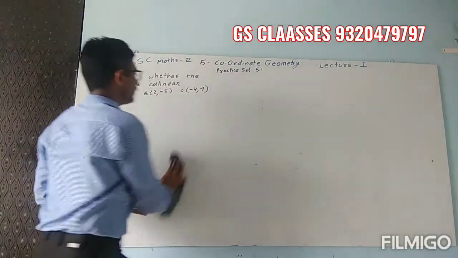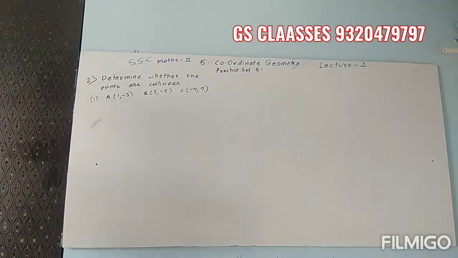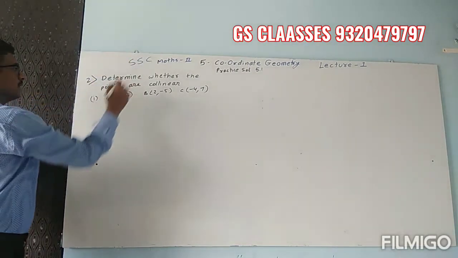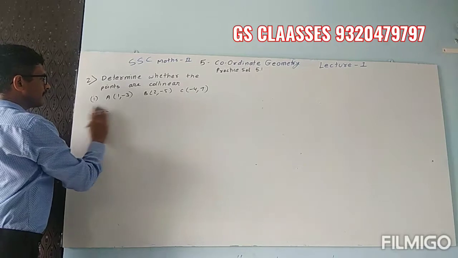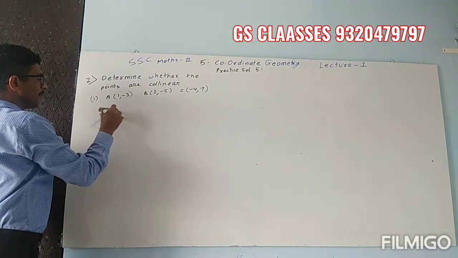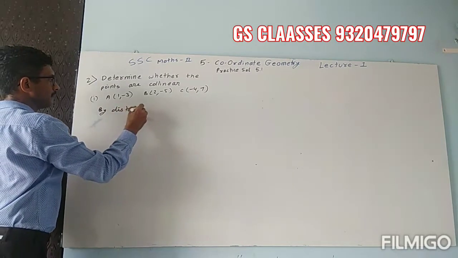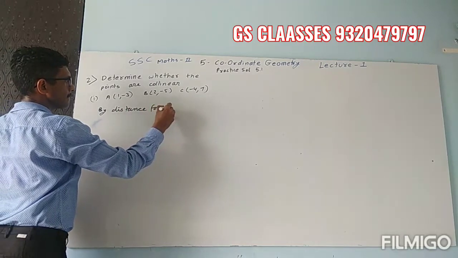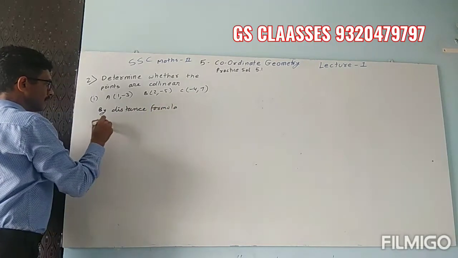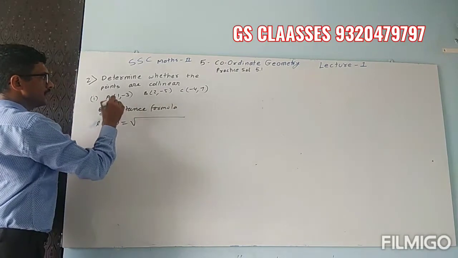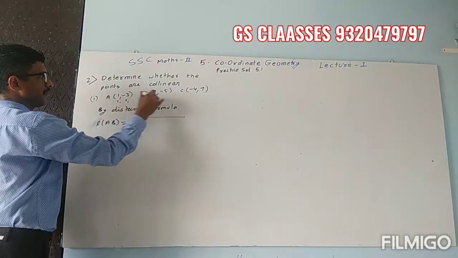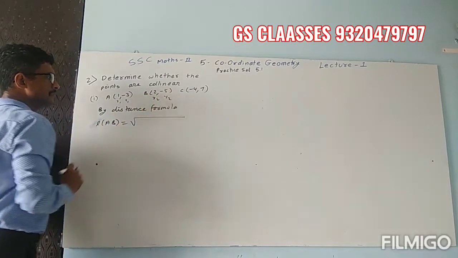What I will be doing, I will first find out length AB. We will write here by distance formula. Length AB is going to be, directly you can use, consider this as x1, y1, this as x2, y2.